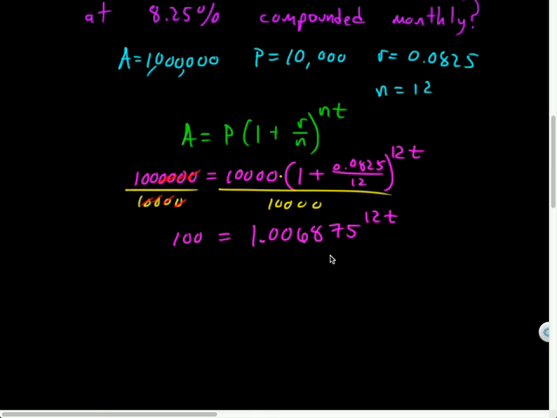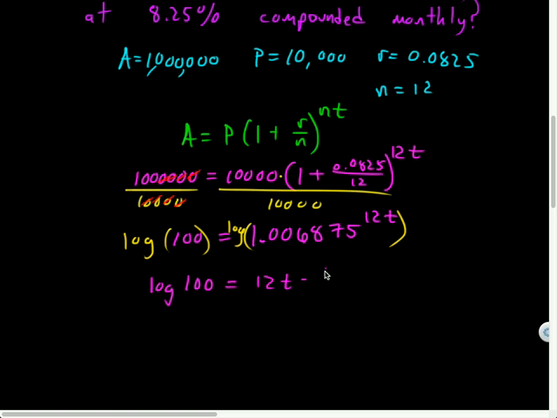So what could I do now, do you suspect? Well, I can't just do that willy-nilly. But I could drop the log on both sides. And then I'll be able to move that 12t out front.